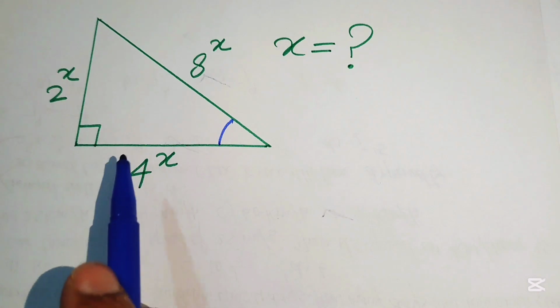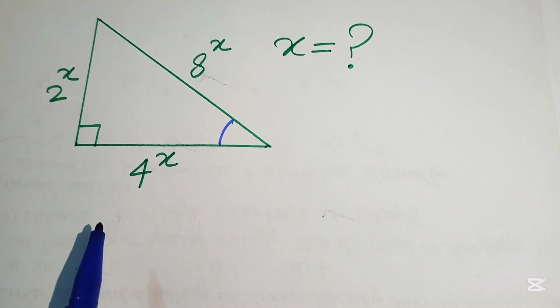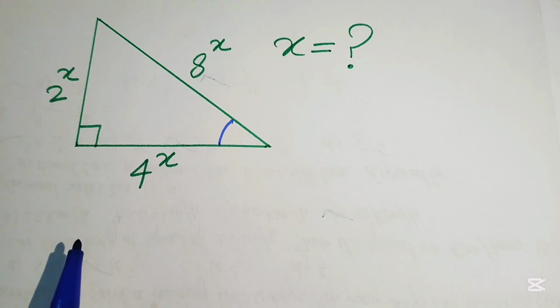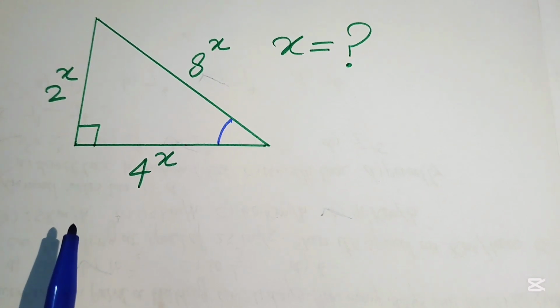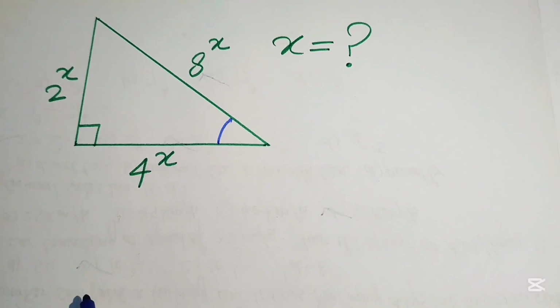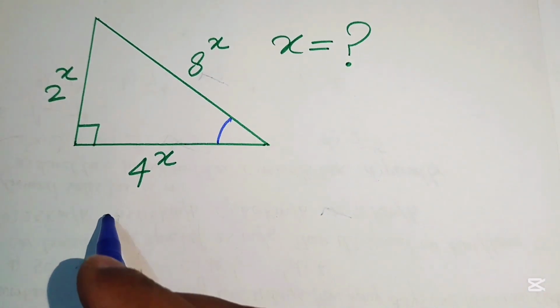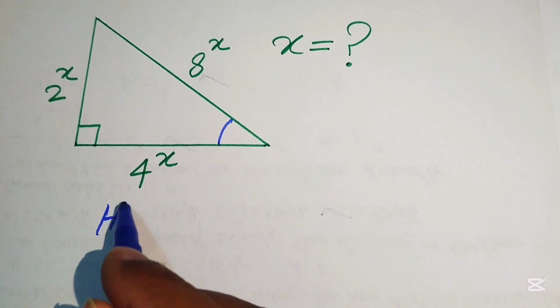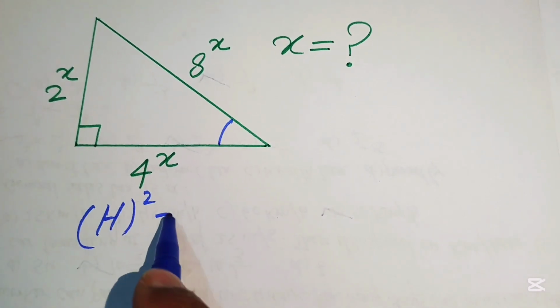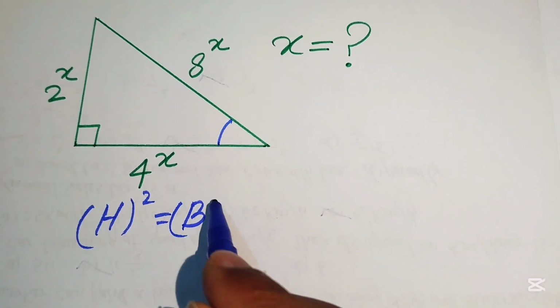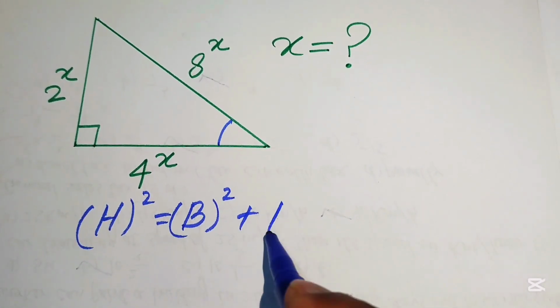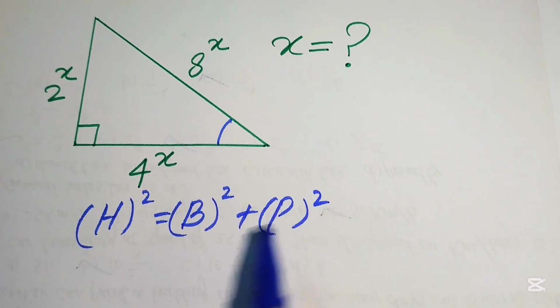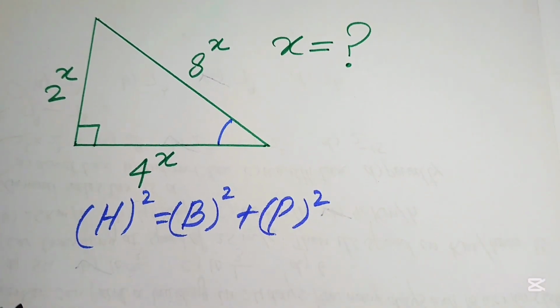So first you focus on this right triangle. We know that the Pythagoras theorem holds in a right triangle, and you know this theorem very well. It is stated as hypotenuse squared equals base squared plus perpendicular squared.